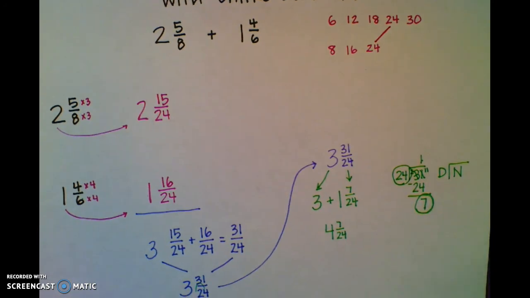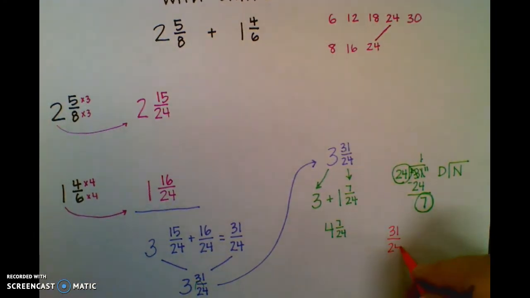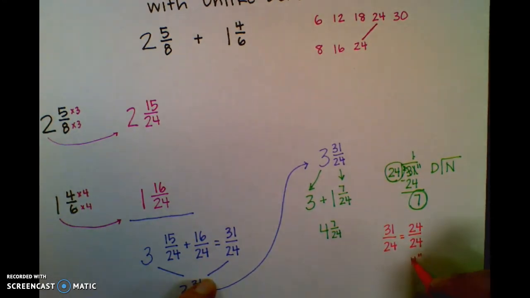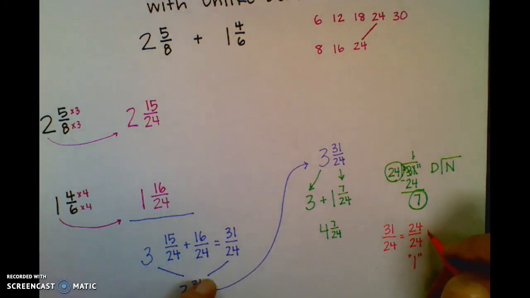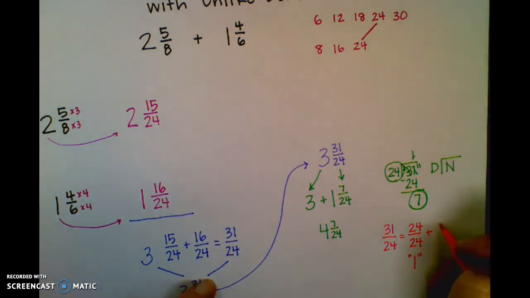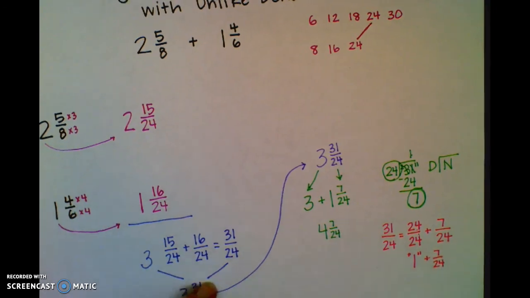Okay, and so the other way you can think about an improper fraction, 31/24, is if I take away 24/24, that's one whole. Okay, and then to get to 31 after I've taken away 24/24 is 7, because 24 plus 7 is 31. Okay, so there's my 1 and 7/24.